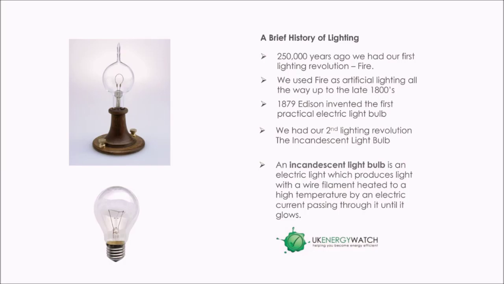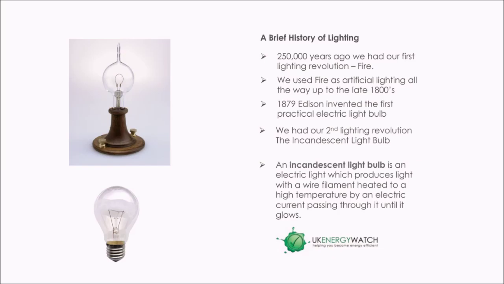So the first, going back a quarter of a million years ago, it was fire. That was our first form of artificial lighting. And we used fire all the way up to the late 1800s.